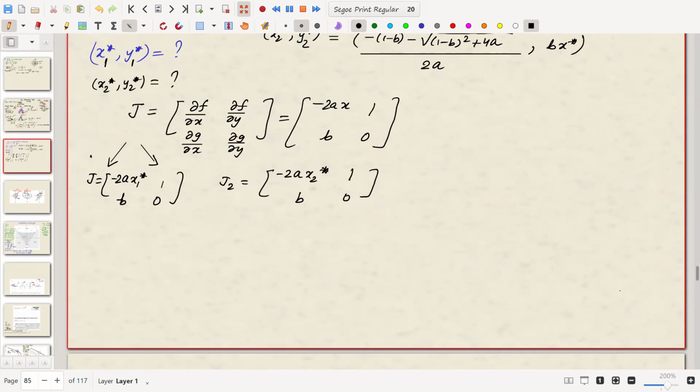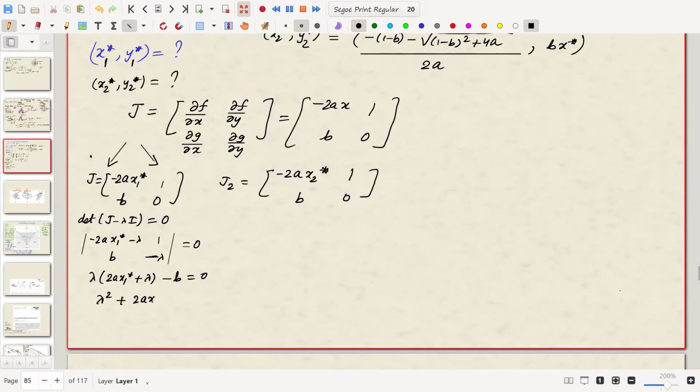Our normal procedure is determinant of J minus lambda I equals 0. So, determinant of minus 2a x1 star minus lambda, 1, b, minus lambda. Can you solve this? So lambda times (2a x1 star plus lambda) minus b equals 0. Lambda square plus 2a x1 star lambda minus b equals 0.